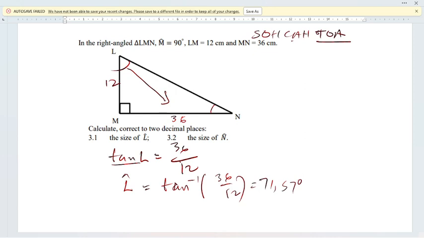You must write it down. When you need to find the angle, there is only one technique, you can only use trig ratios. When you want to find the sides, it's either Pythagoras theorem or trig ratios.